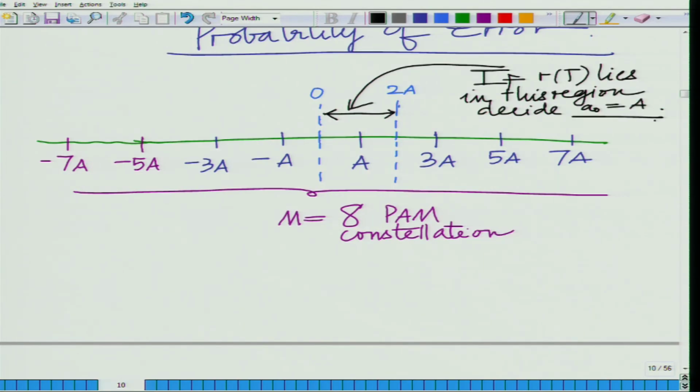Now, the point is in BPSK you have only one point, so you look at the midpoint between the 2 points. Here, there is a point on one side and another constellation point on the other side, so we have to look at two midpoints, one on each side. The midpoint with respect to 3A is 2A, and the midpoint with respect to minus A is 0. So, if RT lies in this range 0 to 2A, then one can decide A, and similarly for all the interior points.